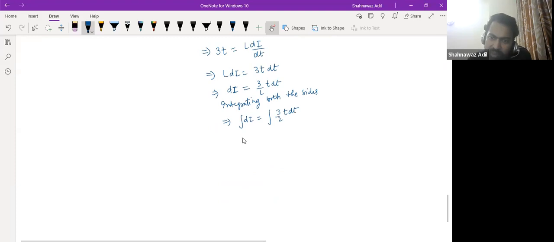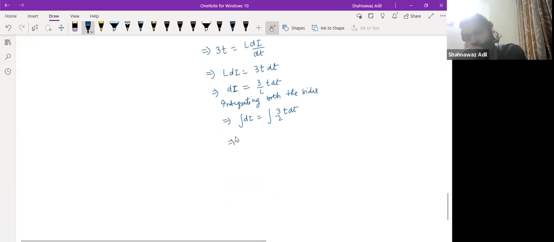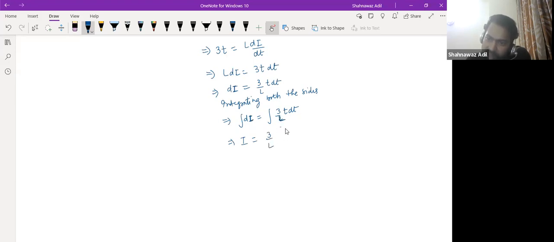So the integration of di would simply be i. And 3 by L is a constant, and we have t dt.